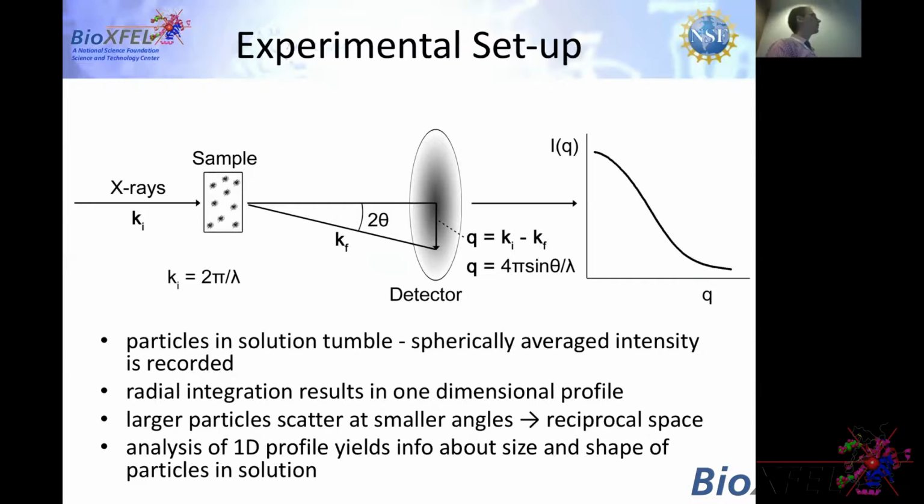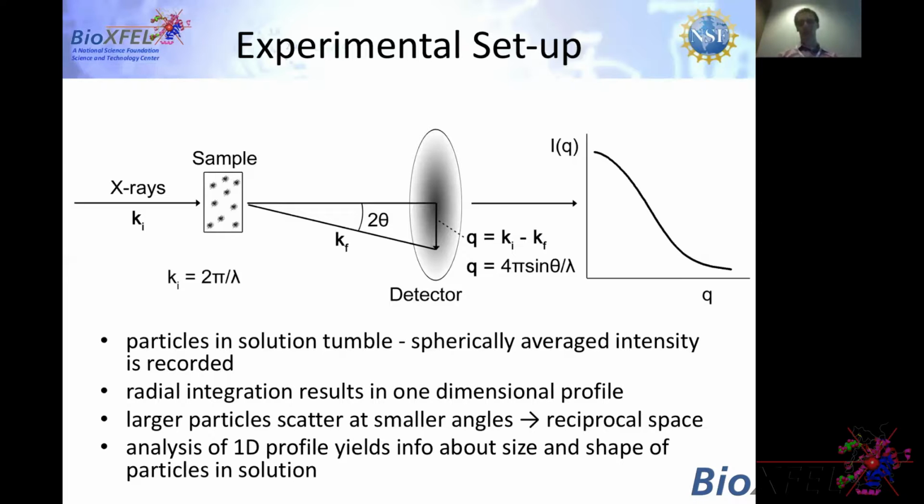Again, we have spherically averaged intensity being recorded, and so you have a huge loss of information because of this, particularly at high resolution, because the actual information content of your molecular transform scales with the volume of reciprocal space, it scales as the cube. Because we have a one-dimensional profile, it only scales linearly, and so particularly at high resolution, we lose a lot of information.